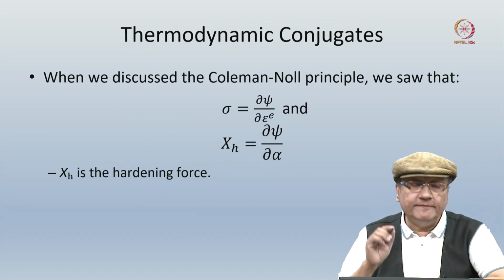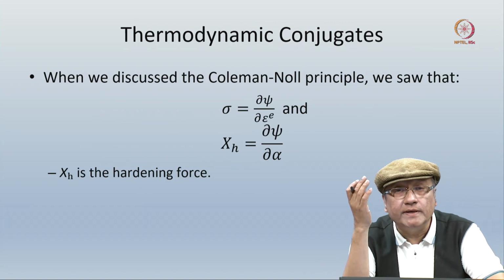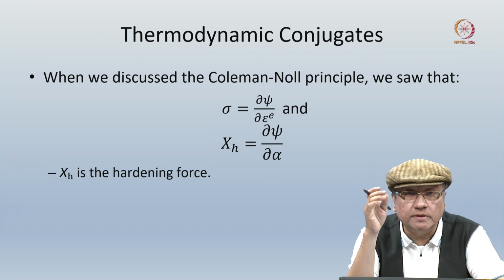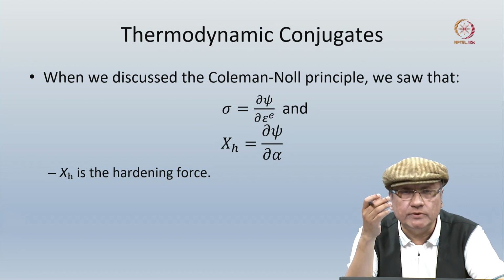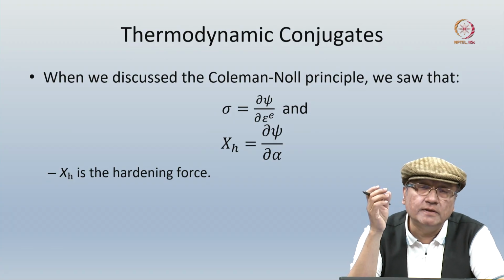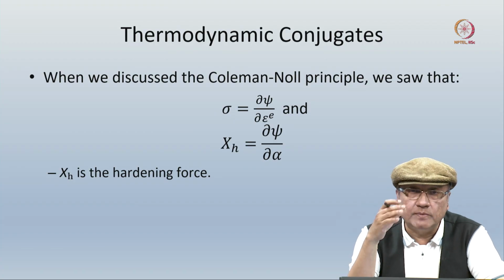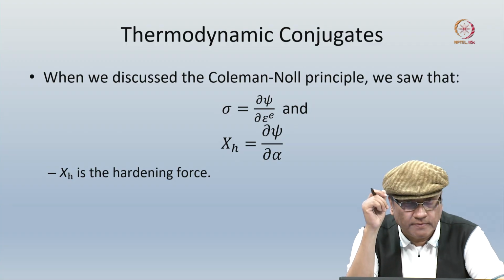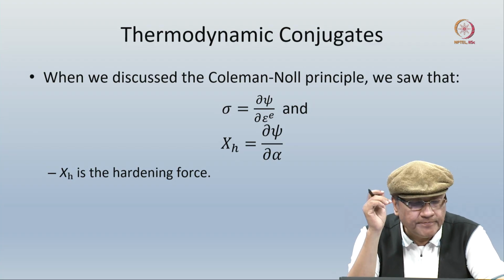Now we have actually finished introducing you to the Coleman-Noll procedure, which is a systematic means of imposing the two laws of thermodynamics as part of your formulation of the continuum plasticity, right.